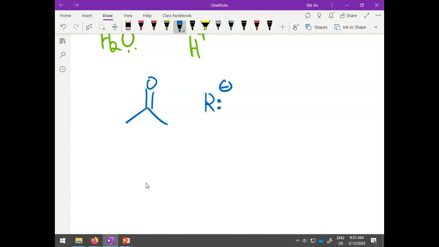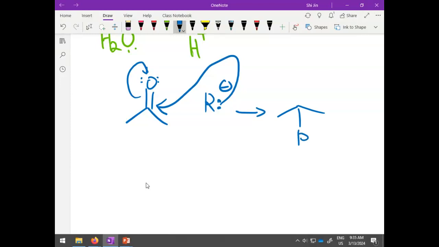In chapter 15, we can treat organolithium or Grignard as a carbon anion, and this is considered the rate limiting step. That is nucleophilic attack on the carbonyl.